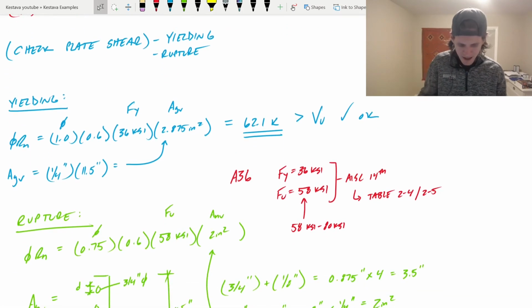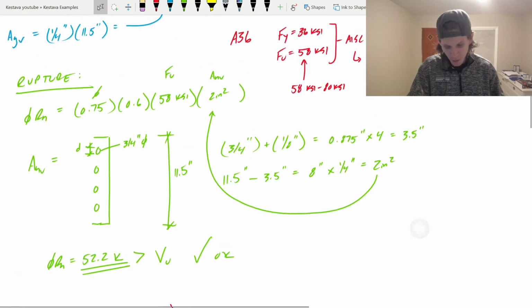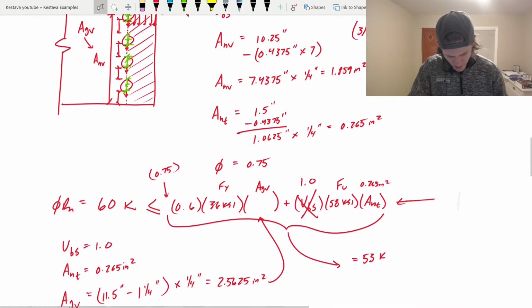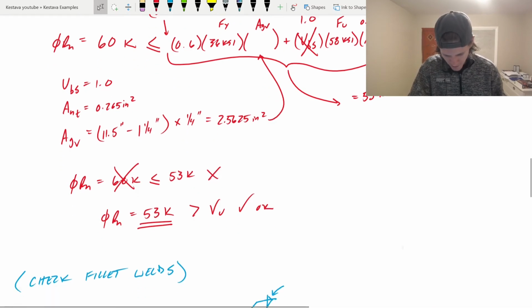Yielding of the plate, 62.1 kips. All right, so that is now taking the lead. Rupture is 52.2 kips. Now that is taking the lead because that is our least capacity. So rupture of the plate. Block shear, we have 53 kips, so very close to rupture, but rupture still takes it for us.